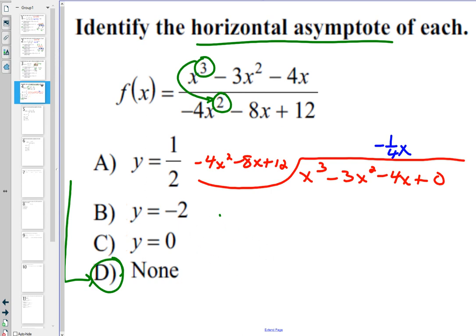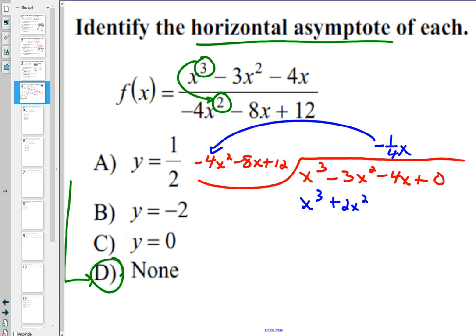Now when you distribute, the nice thing is, when you multiply them in the first one, it should give you whatever's here. If not, there's no point of it. Those are supposed to cancel out. What's negative 1/4 times negative 8? It is positive 2. So we're going to positive 2x squared.